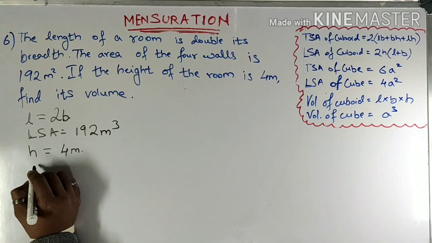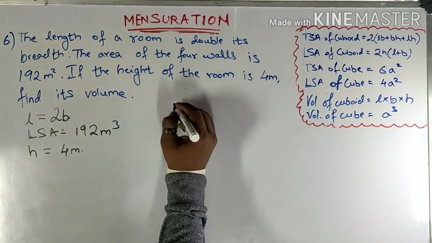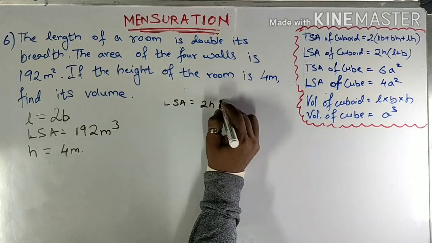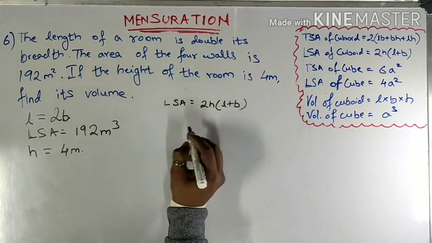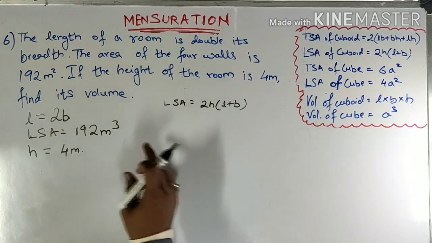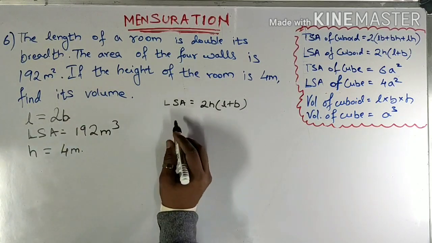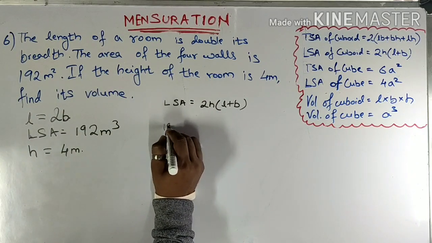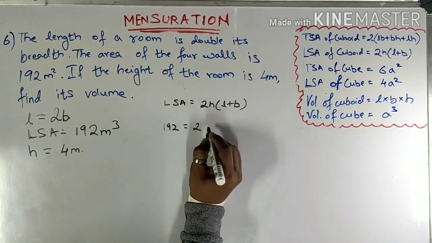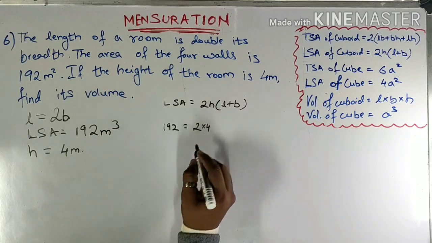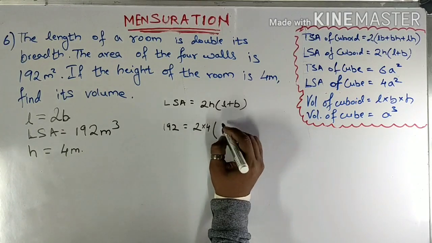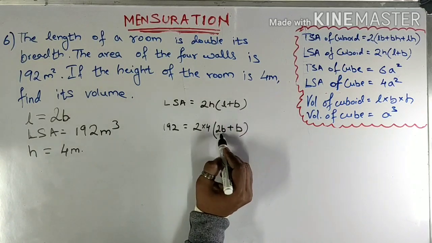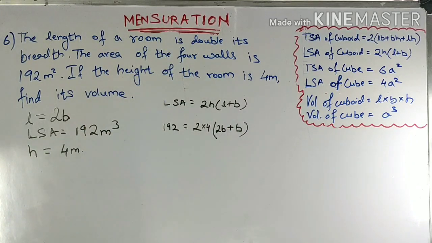So lateral surface area formula, I'll solve it over here. LSA is equal to 2H into L plus B, but wherever L is written I can write 2B, because L is equal to 2 into B, and for LSA I'll write the value of it. So 192 is equal to 2 into 4, height is given as 4, 2B plus B. Why? Because L is nothing but 2B from the given scenario.